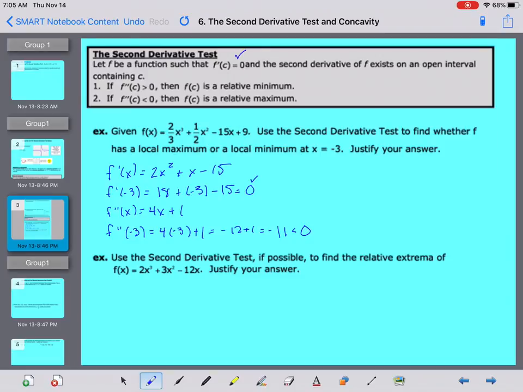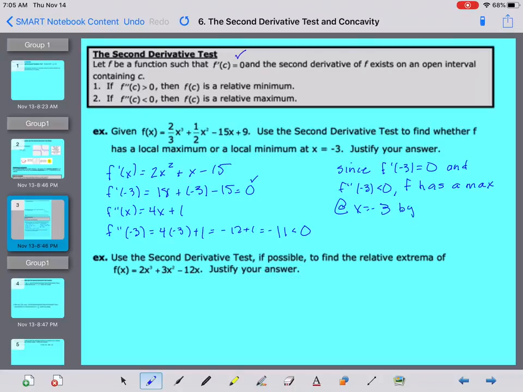Okay. So here's my justification, the way I would answer this question. I would need to say since f prime of -3 is 0, that's the first part of the criteria, and f double prime of -3 is less than 0, f has a max at x equals -3.